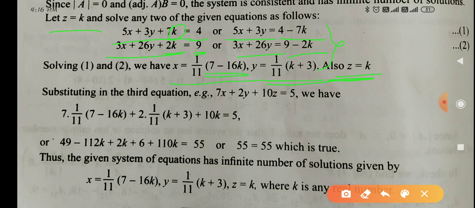You put these values of x, y and z in the third equation which was remaining: 7x plus 2y plus 10z equals 5. So 7 into 1 upon 11 into (7 minus 16k), plus 2 into 1 upon 11 into (k plus 3), plus 10k equals 5. After simplification you get 55 equals 55, which is true.